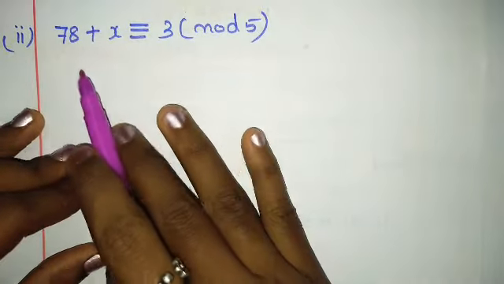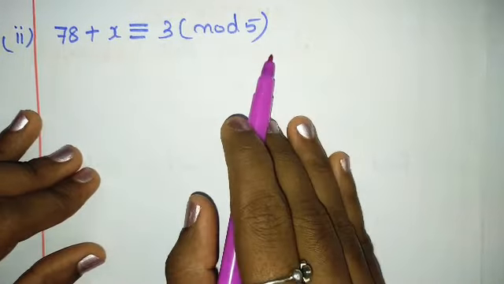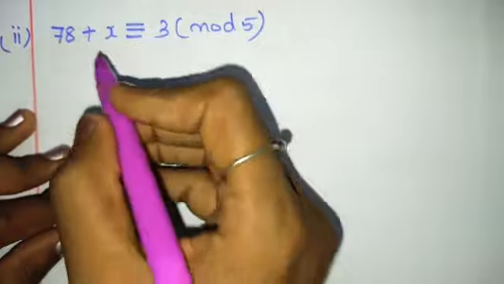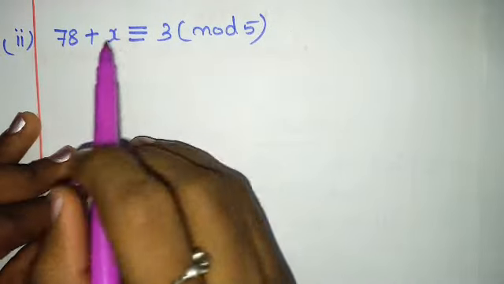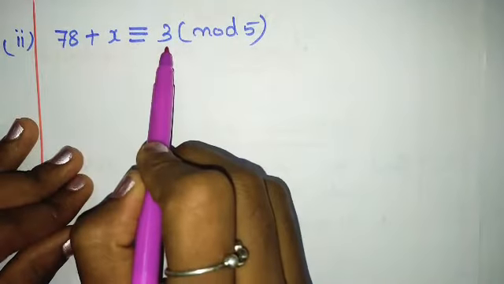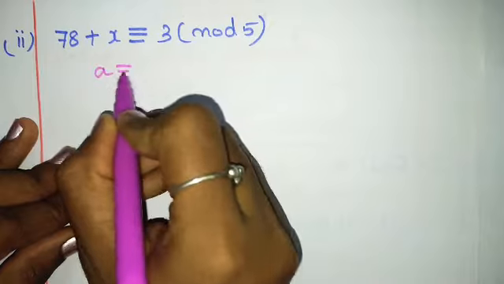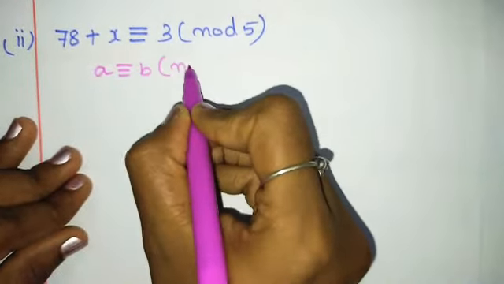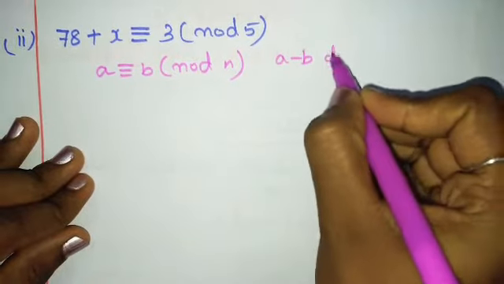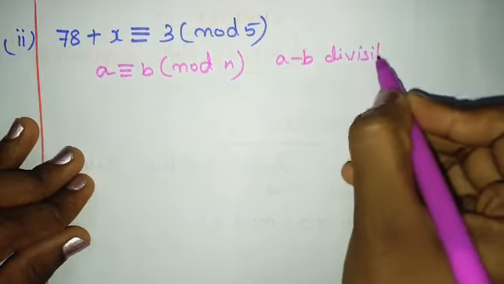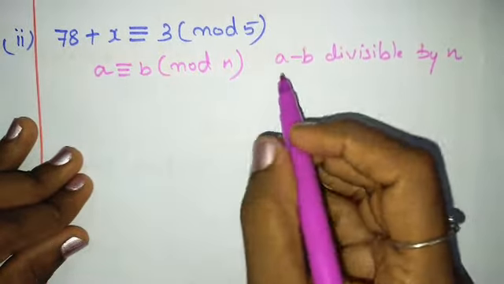Second subdivision: 78 plus x congruent to 3 mod 5. It's the same concept, a minus b divided by n, right? So this is your a, this is your b and this is your n. If you have any doubt, you just substitute like this. If you know this statement, you can do it.